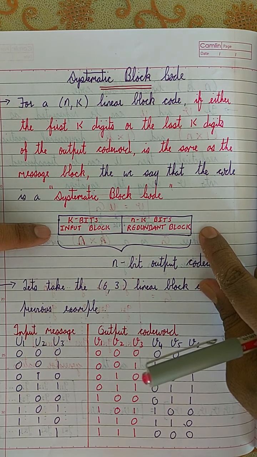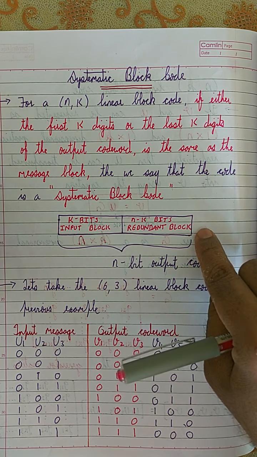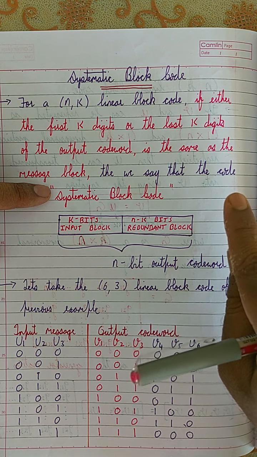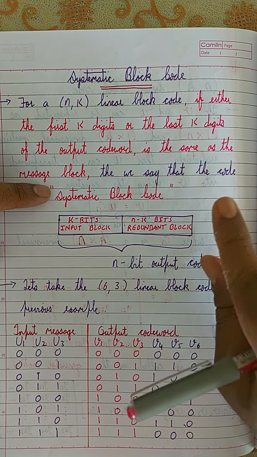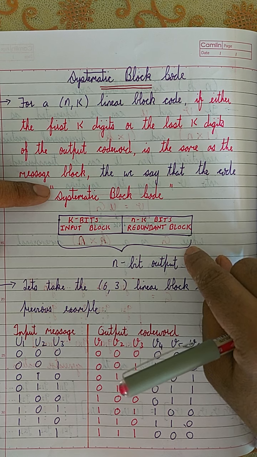The best way to explain this is by using the previous example. In the previous example, we learned the 6-3 linear block code and how to find the code words from the generator matrix.